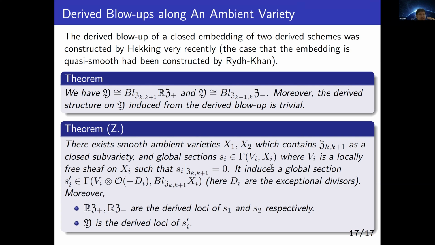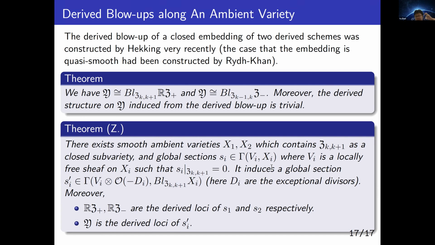So this gives us an embedding of Z plus and Z minus into the ambient varieties X1 and X2. And moreover, we want Si to be 0 when restricted to Zk k plus 1 or Zk minus 1 k. Then if Si restricted to Zk k plus 1 is 0, we can blow up this Zk k plus 1 inside Xi, and we can also pull back this Si.